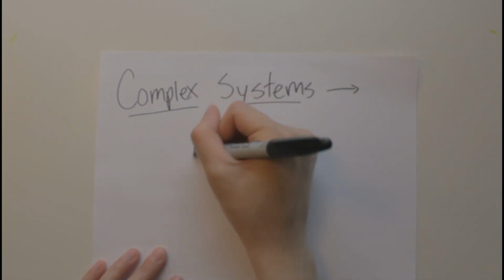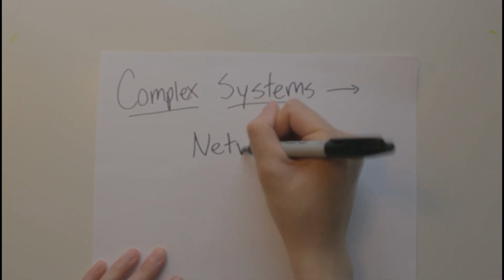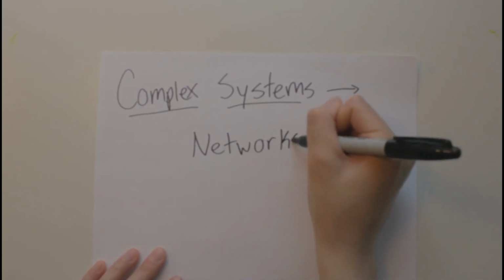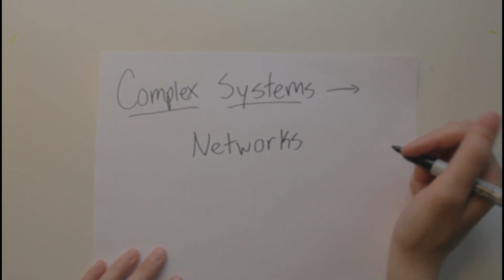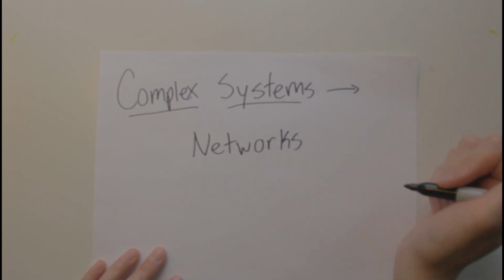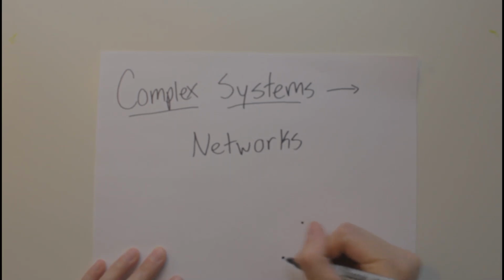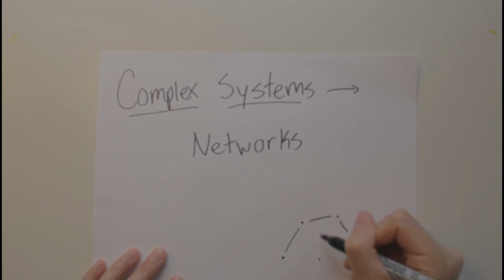The way we depict complex systems is using networks, or the study of network science. Many people ask me, what are networks? And what I always like to answer is, networks are simply connect the dots, where you have different components in your network.